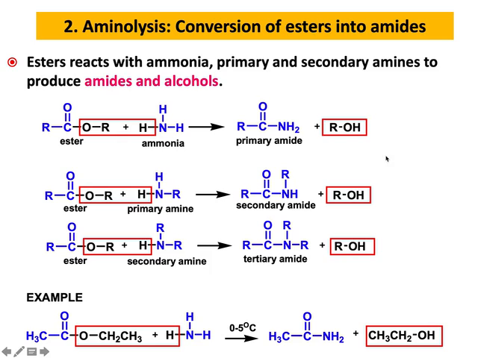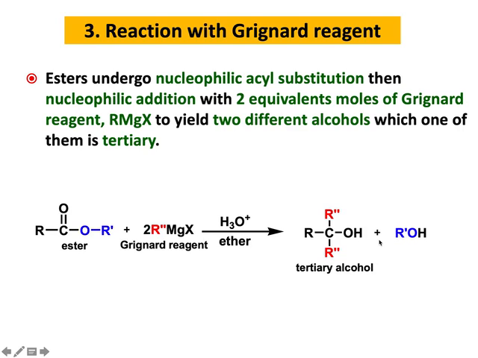So next is aminolysis. We want to convert ester into amide. Ester reacts with ammonia, or primary and secondary amines, to form amide, with alcohol. Next is reaction with Grignard reagent.